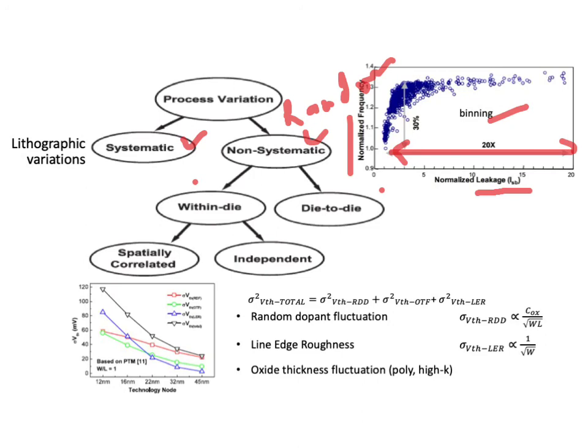Of course, this is a statistical distribution. You probably have way more parts near the mean, but the fact remains that you have a large variability in leakage energy consumption through the normalized leakage current, and some variability in the delay. So die-to-die variations are not insignificant. They are quite significant.